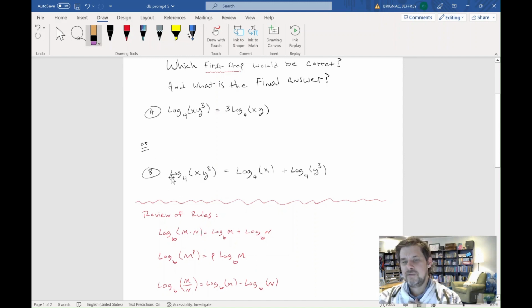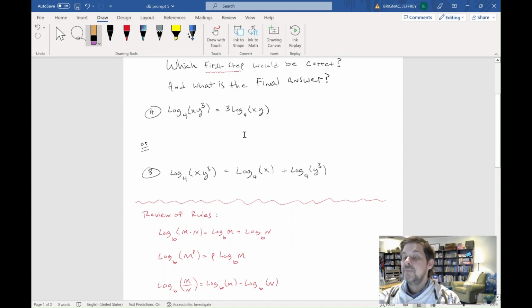And with the other one, the first rule says log base b of one thing times another, m times n, we can split up the multiplication on the inside into an addition on the outside. So since this is x times y to the third power, should I proceed as my first step by splitting it up into addition, log base 4 of x plus log base 4 of y to the third power, and then simplify to a final answer?